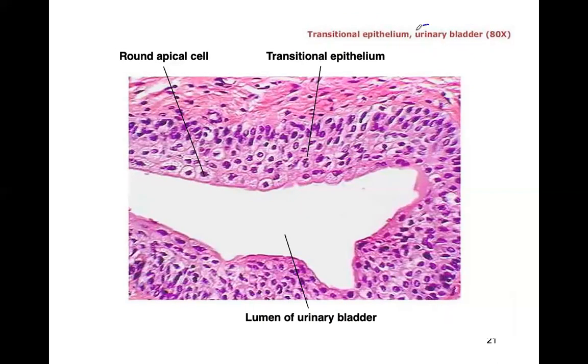Here again, there's the hint, the urinary bladder, and we'll see some cube-shaped cells, we see some flatter cells, we see some cubes, we see some flat, we see more cubes. So when we see multiple shapes, it's transitional. Okay, and here's the lumen of the urinary bladder, so that's a hint.